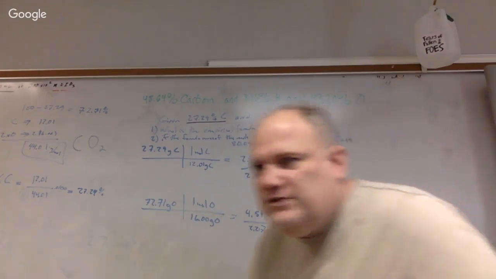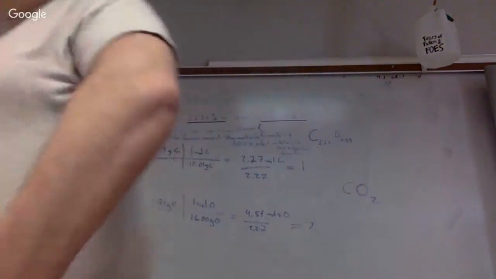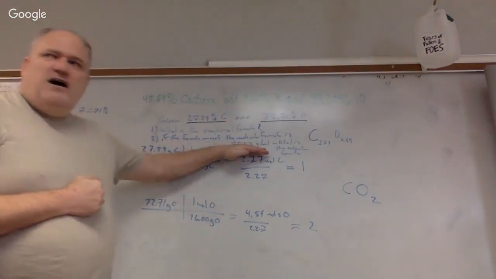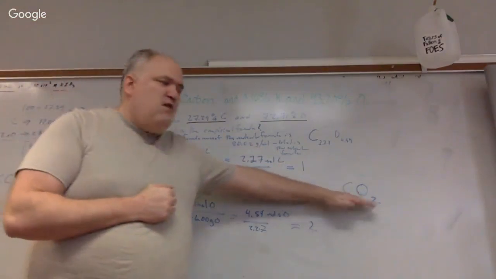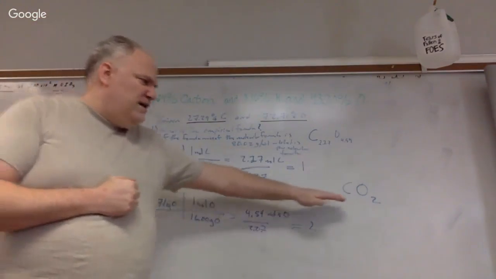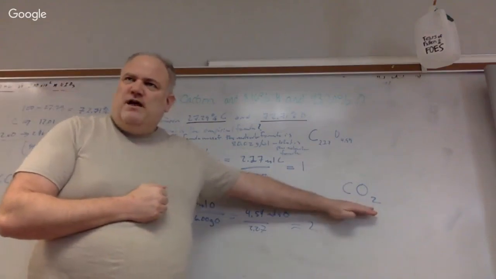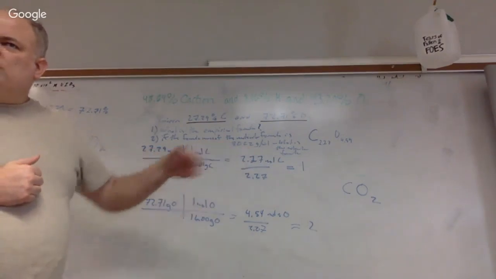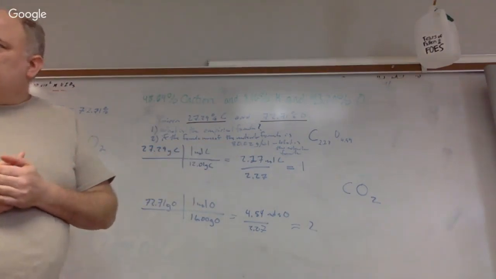Isn't it 1 carbon and 2 oxygens? Right? And if they tell me the molar mass of a molecule that is some multiple of this, couldn't I figure out the molar mass of CO2 and compare it to the molar mass of what they're looking for and determine how much bigger what we're looking for is?